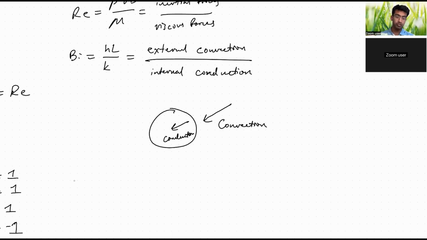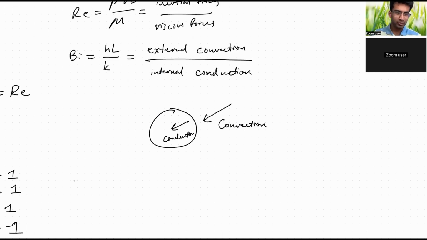And the question is, which one of these is faster? So for example, if you have a low Bi number, internal conduction is very high. Suppose you took a solid metal ball and you put it inside the oven. Well, in this case, conduction is pretty fast for metals compared to other materials. So what happens is you get a pretty low Bi number.